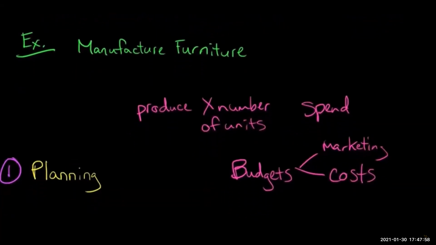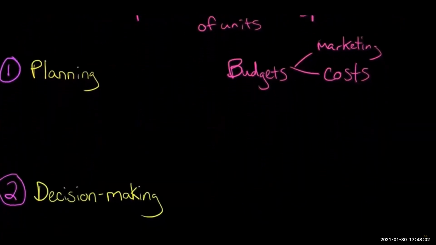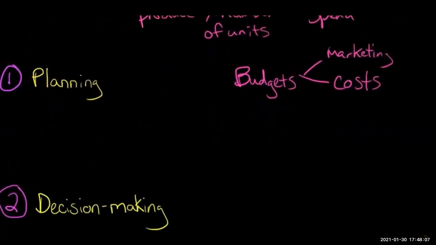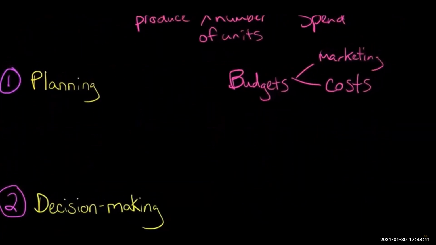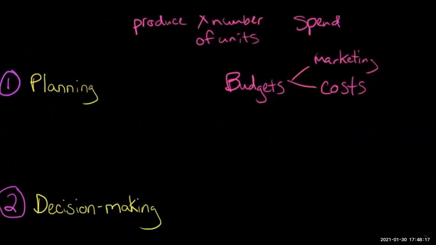But managerial accounting isn't just helpful with planning. It also helps with decision making. We've looked at the cost to produce a number of units, but should we go ahead and sell those same units to a customer who offers a certain amount?